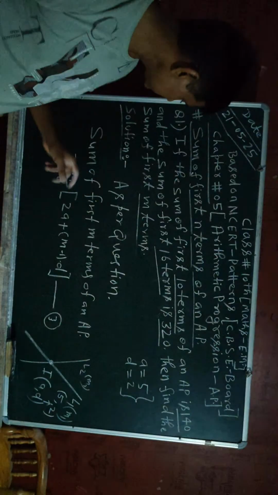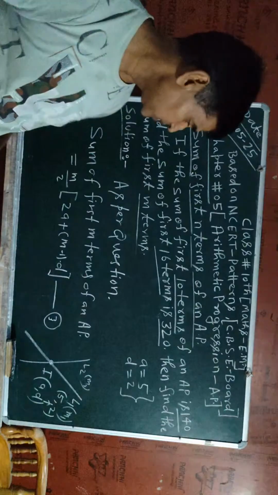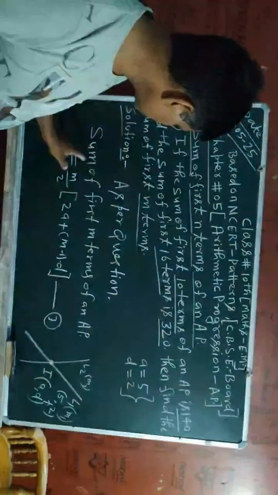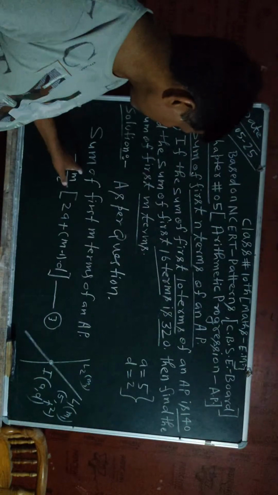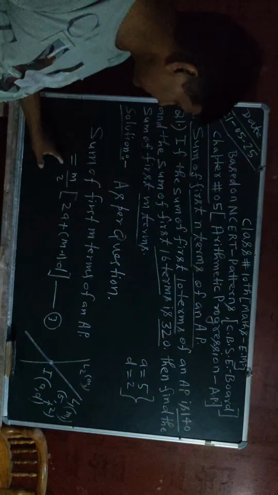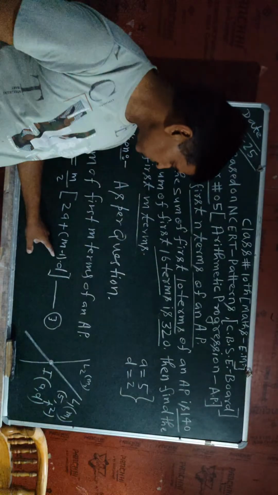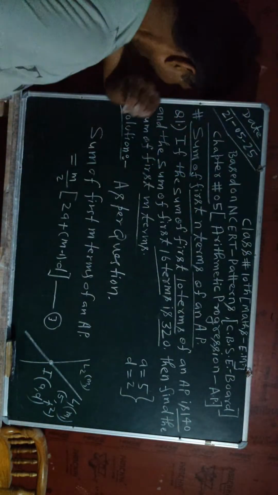As per the question I have written the sum of the first m terms of an arithmetic progression. That sum is equal to m divided by 2, in the bracket 2a plus (m minus 1) into d.